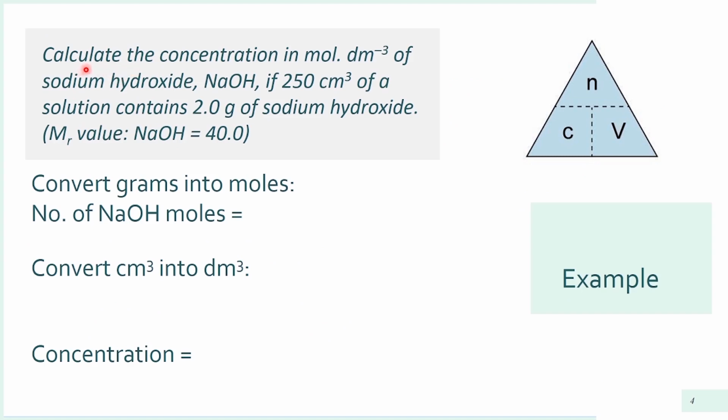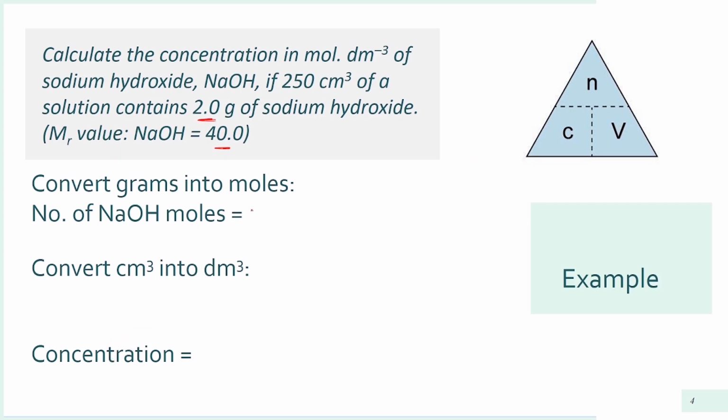Calculate the concentration of sodium hydroxide if 250 cubic centimeters of a solution contains 2 grams of sodium hydroxide, knowing that the relative molecular mass of sodium hydroxide is equal to 40. The first step is to convert grams into moles and cubic centimeters to cubic decimeters.